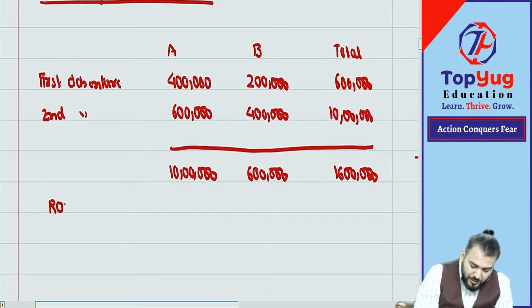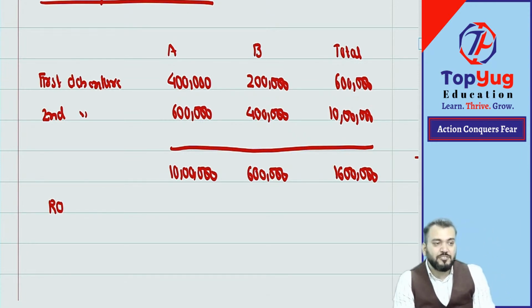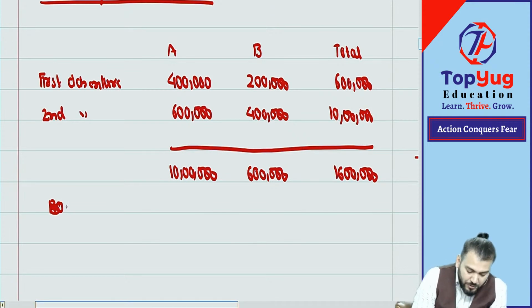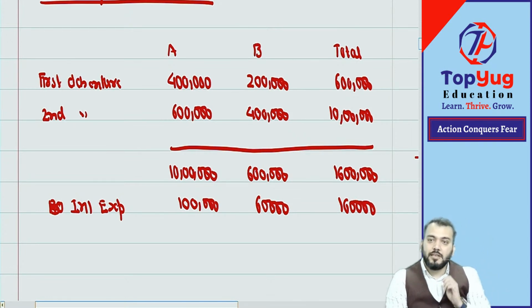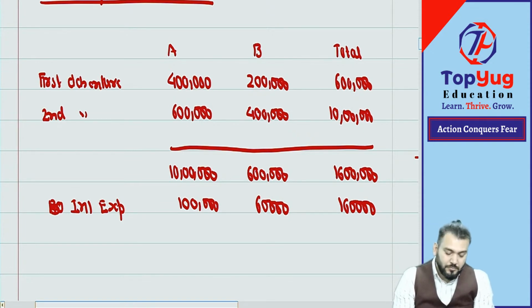If you say rate of interest for first debenture and second debenture is same now. Therefore, can I say interest expense of the year is what? 1 lakh and 60,000, 1 lakh 60,000. Correct? Understood?